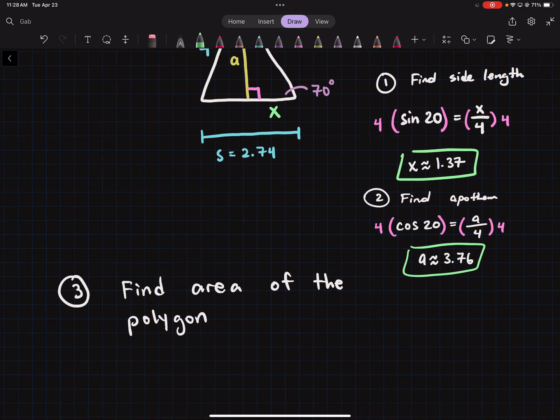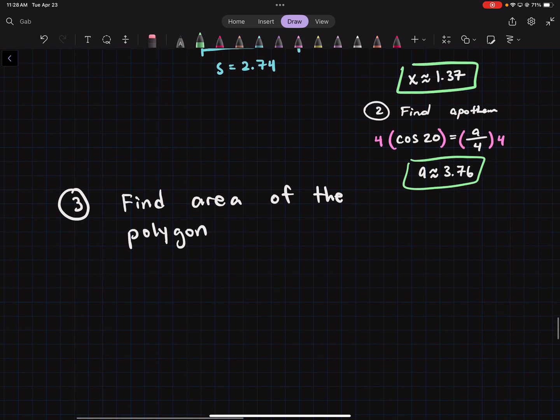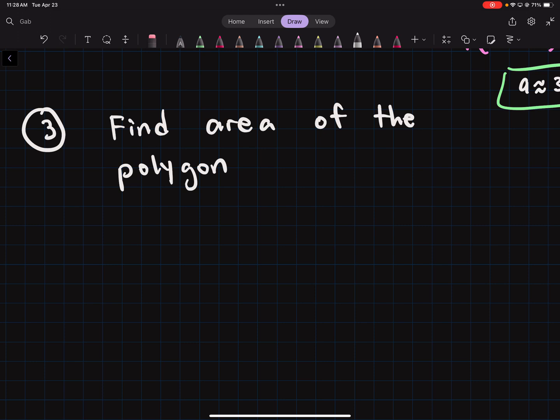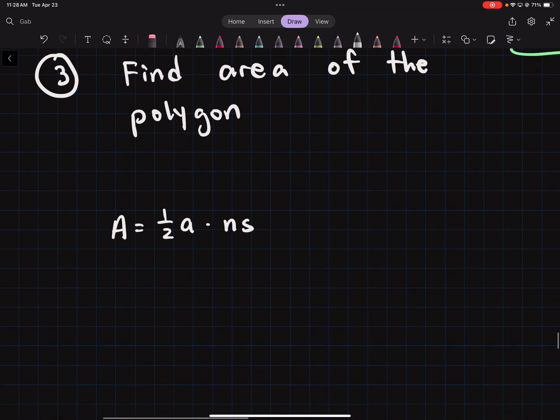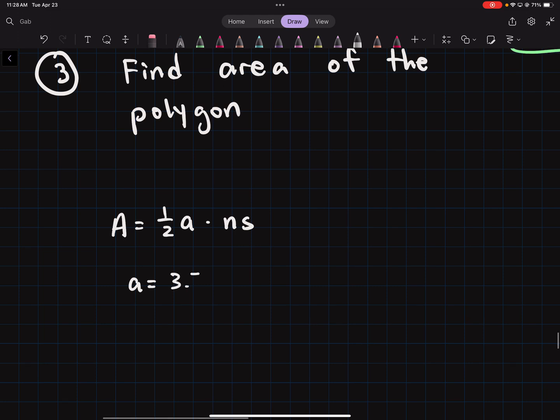You have 1 on the final. That's why I'm teaching it. Yep. Find the area. We have the area formula, right? Okay, what is the apothem? You guys have it, right? 3.76. The number of sides.